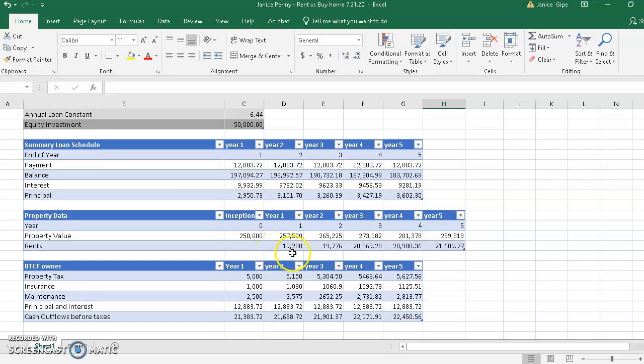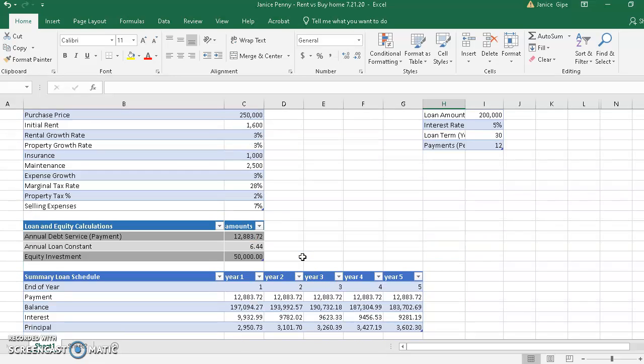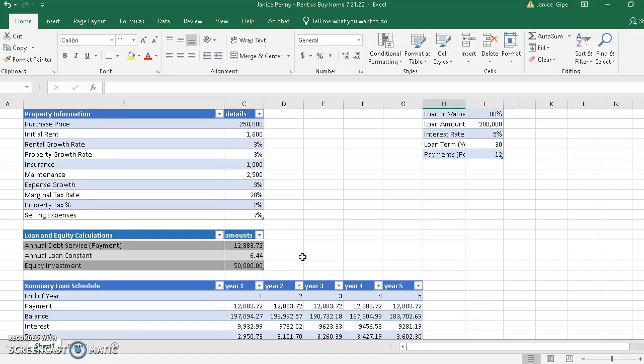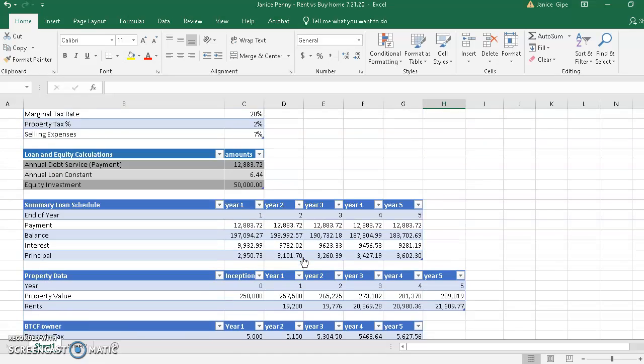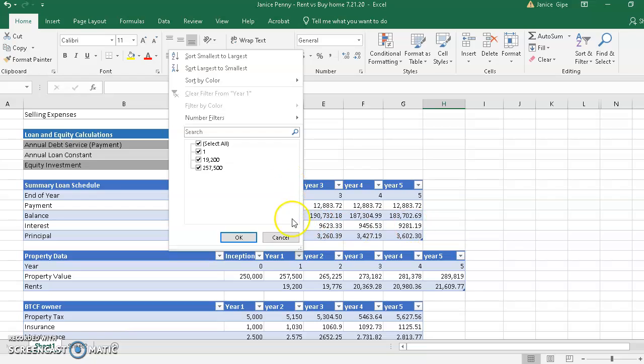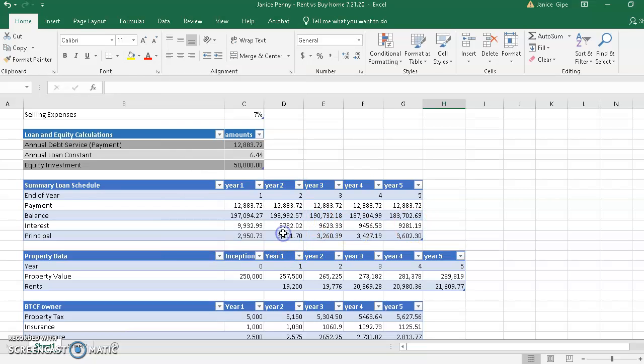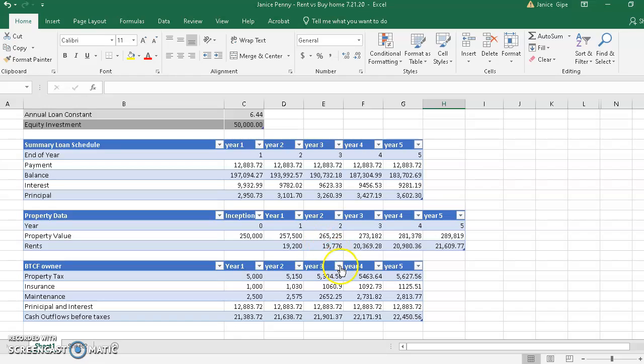It goes up as well each year by 3%, and you just basically take your $19,200, multiply it by 0.03, and then you get this number for the second year, and then you multiply that number by the 3%.